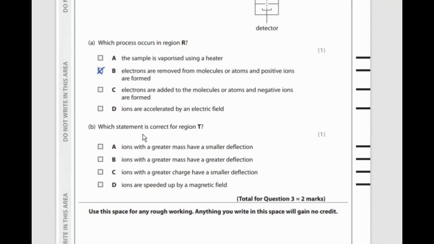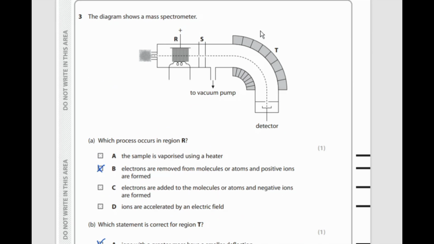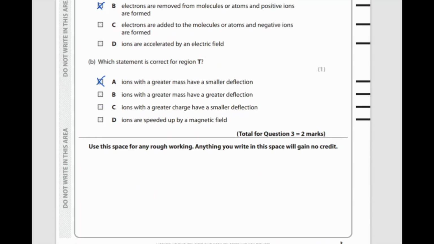Which statement is correct for region T? Region T, this is where ions with a greater mass have a smaller deflection. Region T has a magnetic field which helps with the process of deflection of ions.